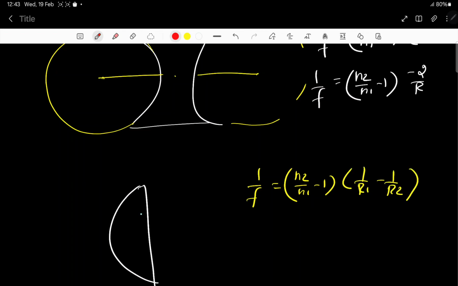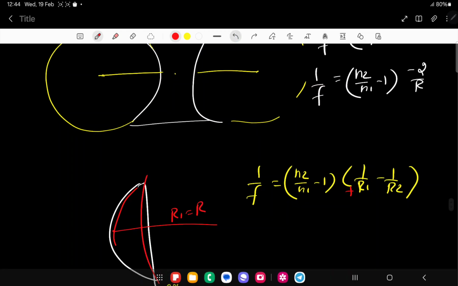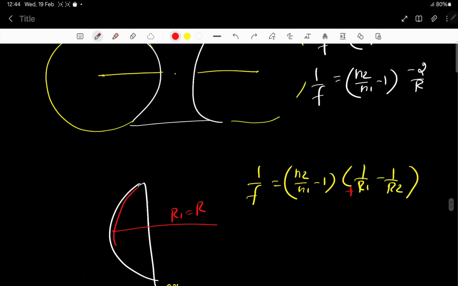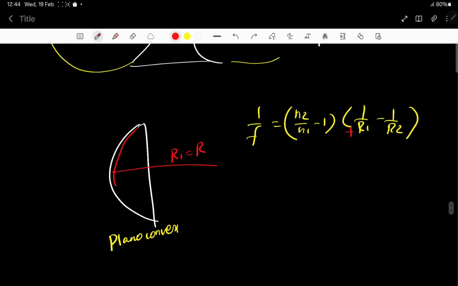Here R1 is positive, so R1 is equal to R. This surface is flat, so we can imagine its radius of curvature is infinite, because an infinitely large sphere appears flat at local points.